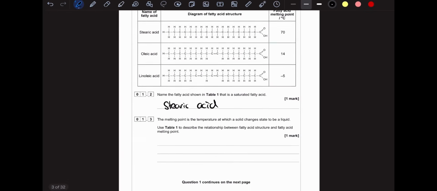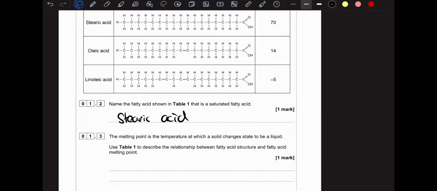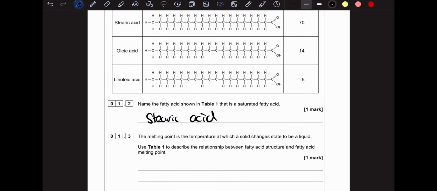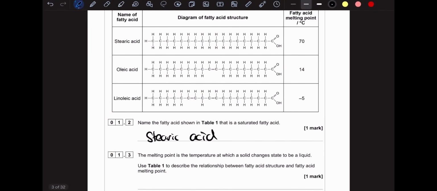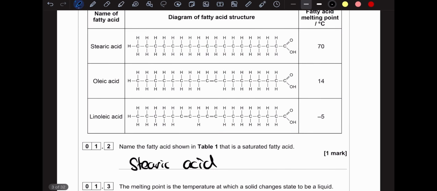Okay, the melting point is the temperature at which a solid changes to a liquid. Use table 1 to describe the relationship between fatty acid structure and fatty acid melting point. Okay, this is just using the data based on what you see, right? So we can see that we have a polyunsaturated fatty acid in the linoleic acid, right?